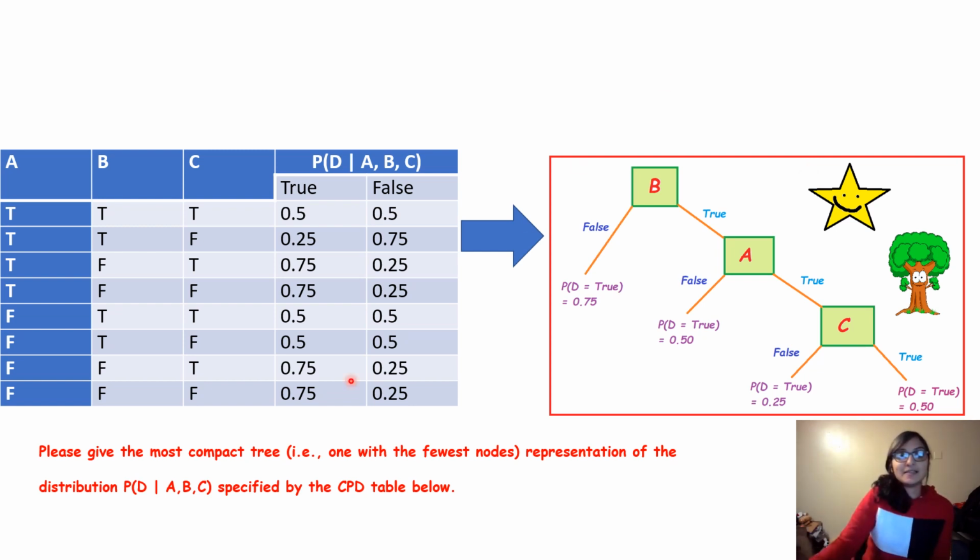But the key idea is that this is how you go from a conditional probability distribution table to a tree that is concise, that gives you the idea that whenever B is false, it doesn't matter what the other variables are. You get this idea by rearranging the rows and finding the probability distributions as well.